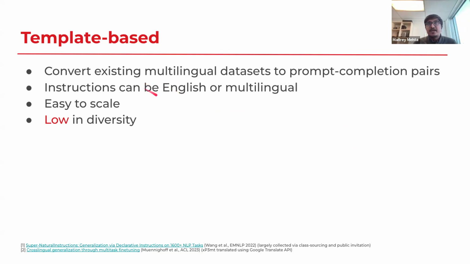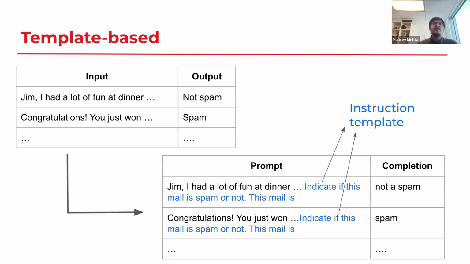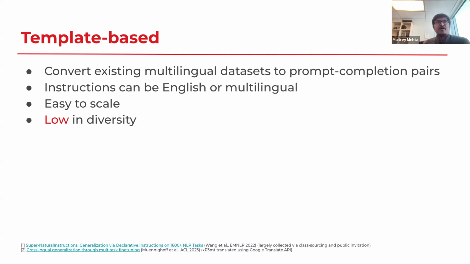The instructions can be English or multilingual. So for example, if you want to build a spam detector for, let's say, Swahili, you can have an email in Swahili, but the instruction can be in any language. It can be in English, it can be in Swahili itself, or any other language, right? So that is another thing about template-based instruction fine-tuning datasets.